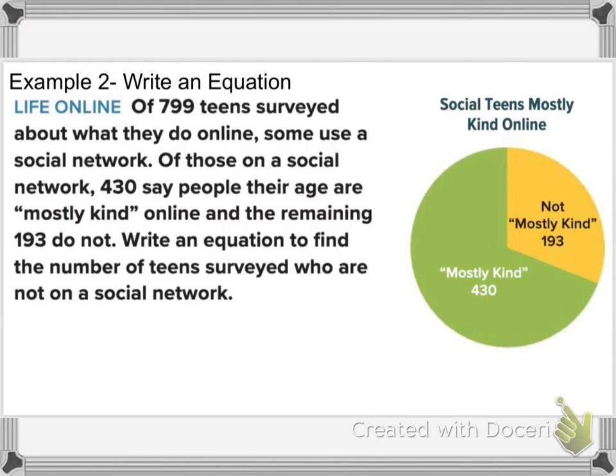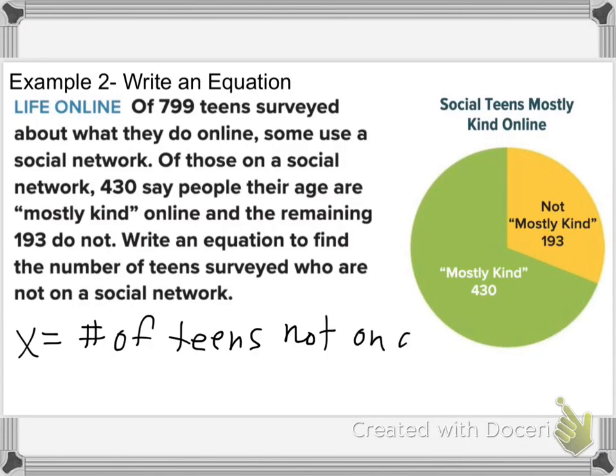I need to assign it a variable. What do you guys want to use as the variable here? X. I heard X first. So X equals number of teens not on a social network.